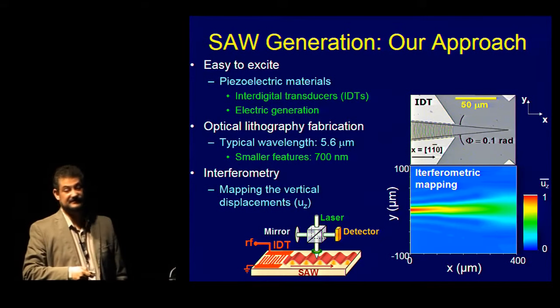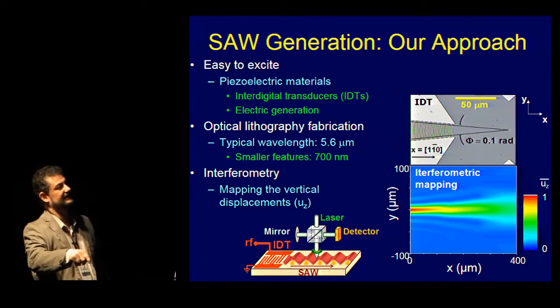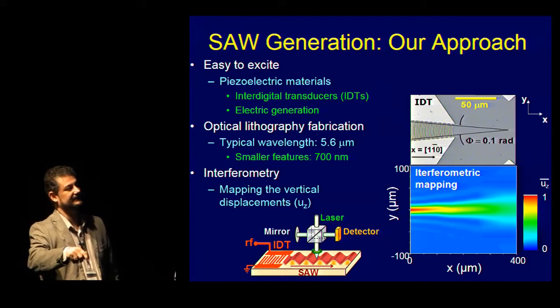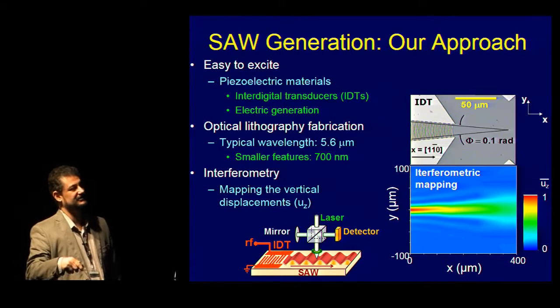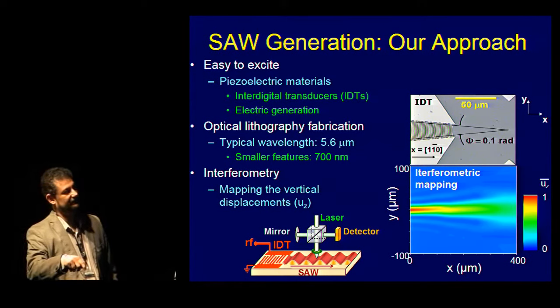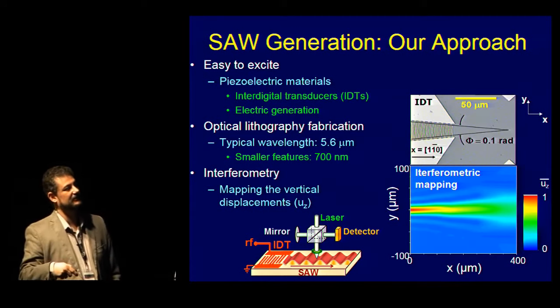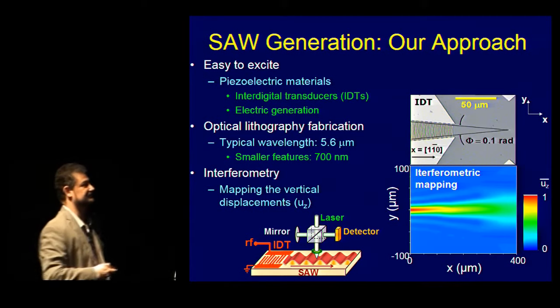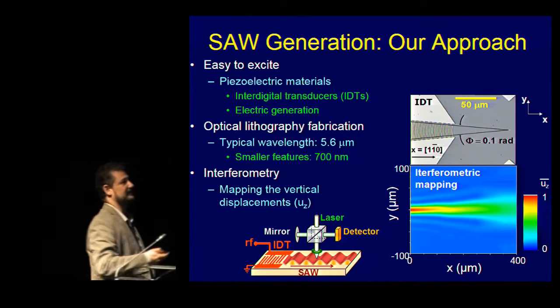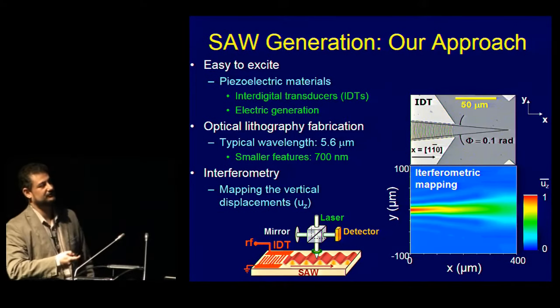And one nice feature of these surface acoustic waves is that you can actually map the acoustic field from the top. So this is not a simulation. This is a real experiment, measured by interferometry, and we can see the acoustic beam propagating out of our transducer. These are the typical dimensions that I'm going to talk about.